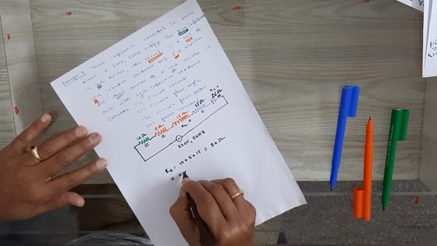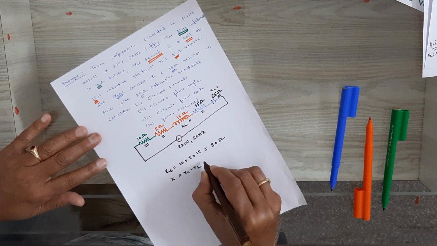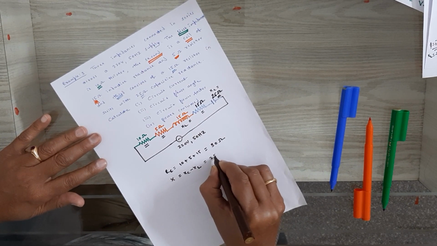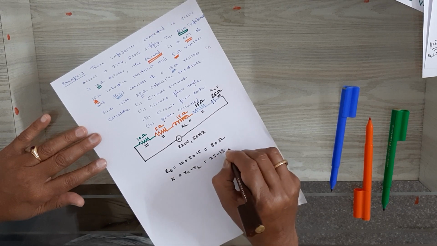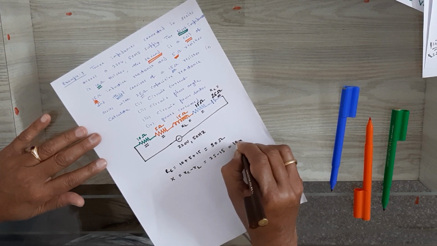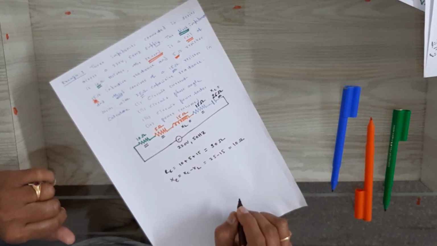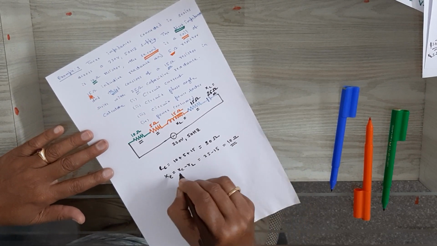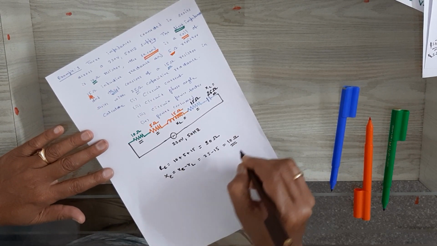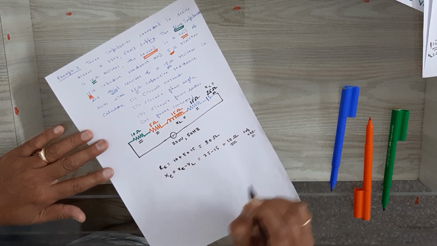Therefore X is equal to XC minus XL, that is 25 minus 15, therefore it is 10 ohm. Since XC is greater, overall it acts as a capacitive circuit.